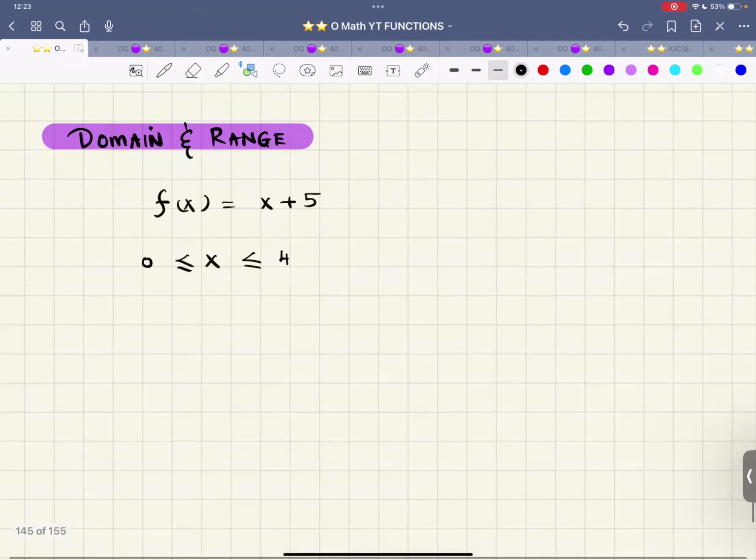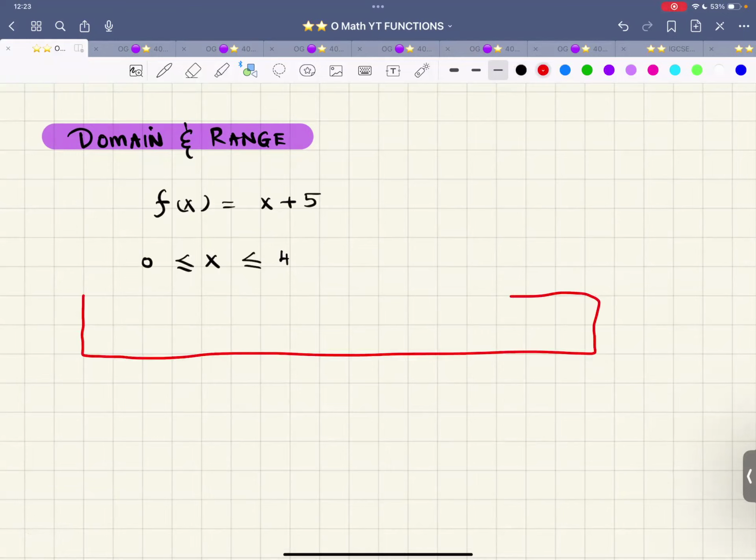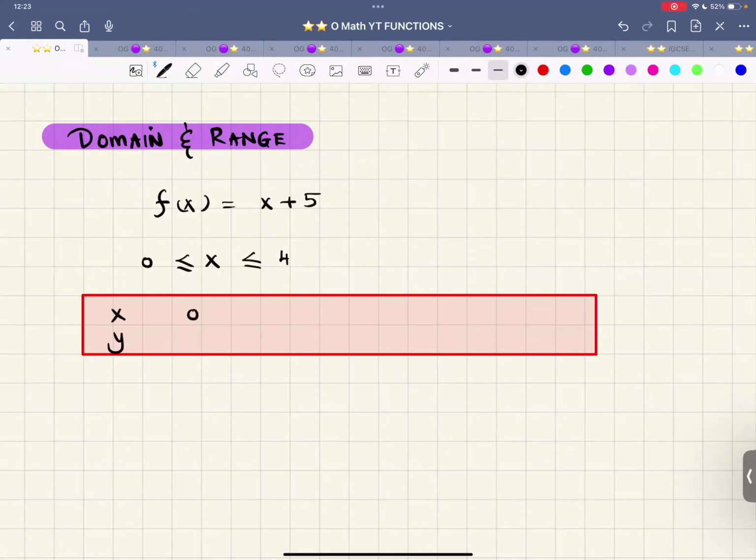That means if I draw up a table, and then I'll be talking about a quadratic also. Let me write over here x and y, and let me choose some integer values: 0, 1, 2, 3, 4, and I'm adding 5 to it. So 0 becomes 5, 1 becomes 6, 2 becomes 7, 3 becomes 8, and 4 becomes 9.